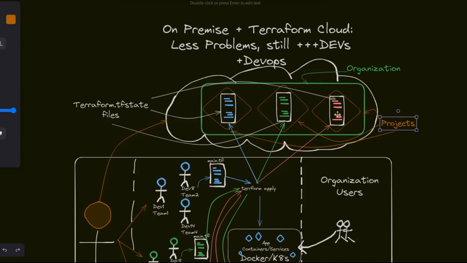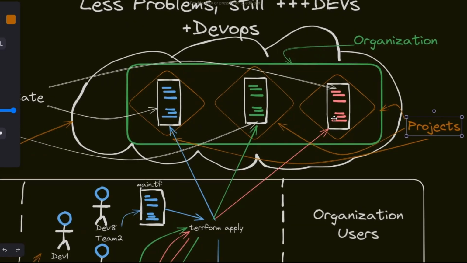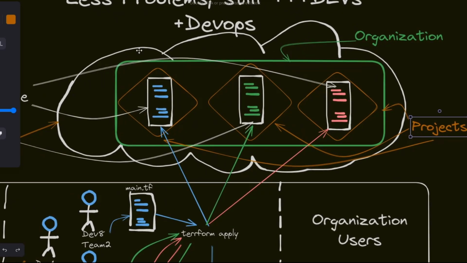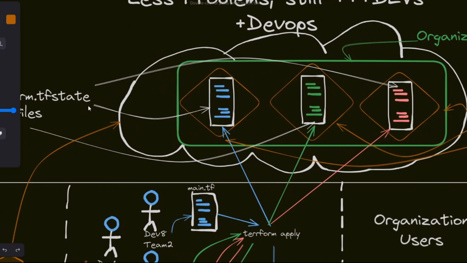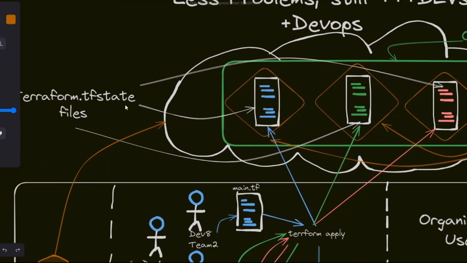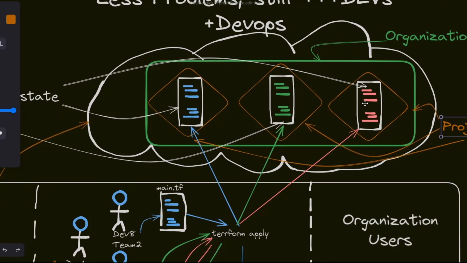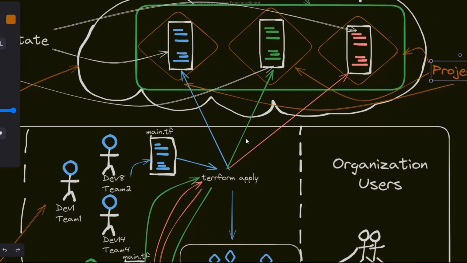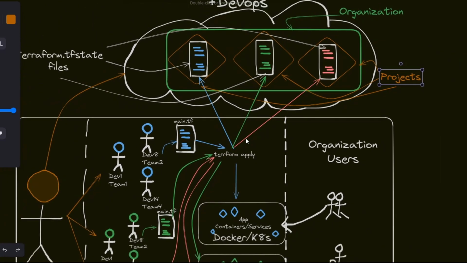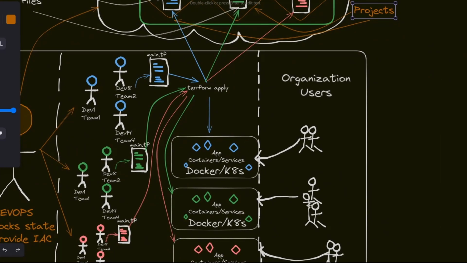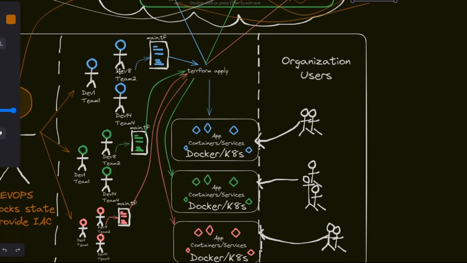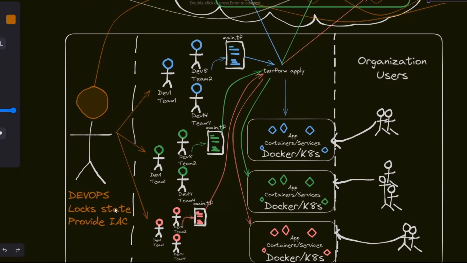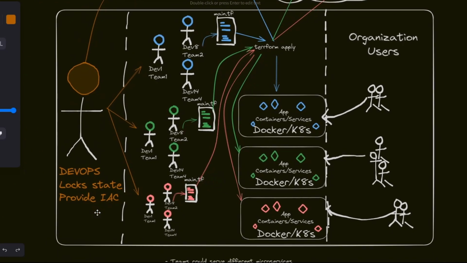But you have projects inside each workspace, and the terraform.tfstate files. For each team, you can have a different workspace. You can separate everything, or have just one. And here you have the users in the organization, the development teams, and the DevOps.